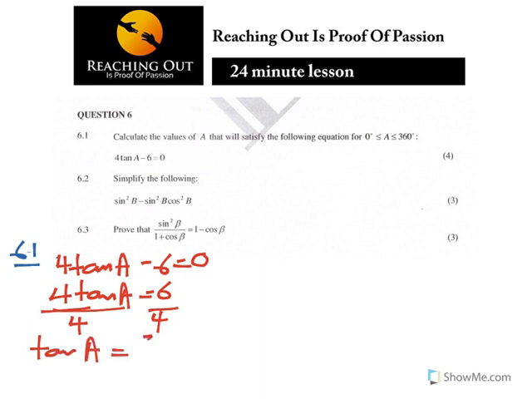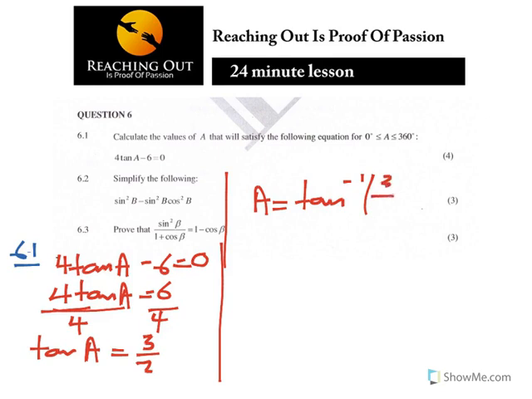Tan a is equal to 3 over 2. Now when I've done that, I have to find a. With that, a is equal to arctan of 3 over 2, which, using your calculator, is 56.31 degrees.